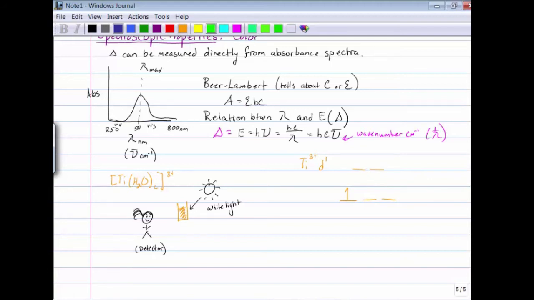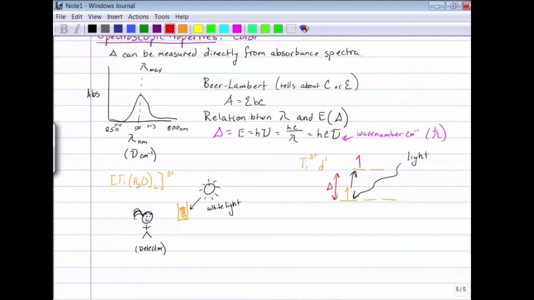So if I take light and zap this electron, it's going to bump it up to an excited state. The difference in energy here is delta again, and it takes that much energy to promote that electron.